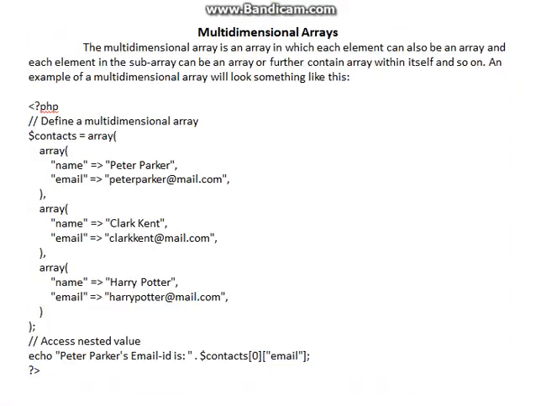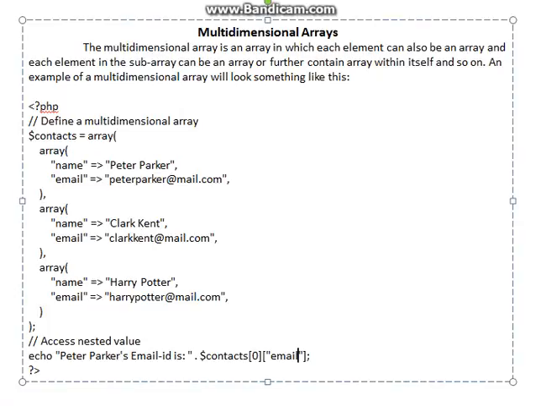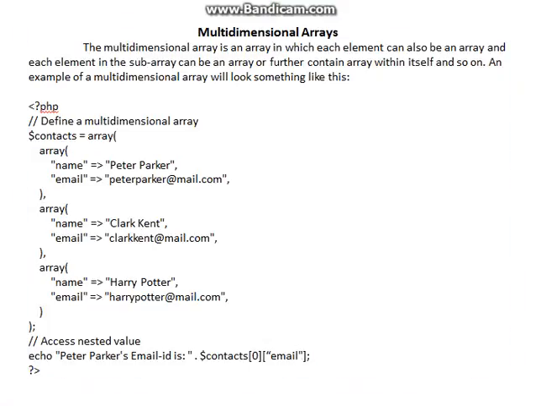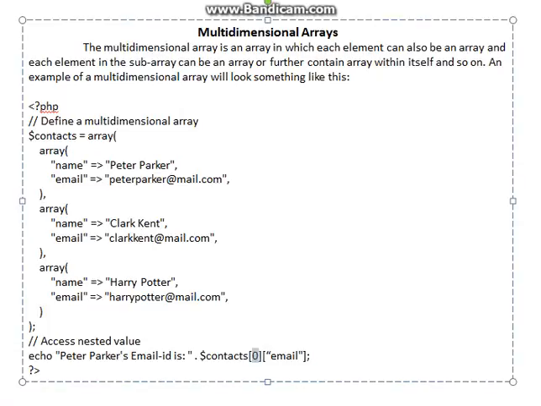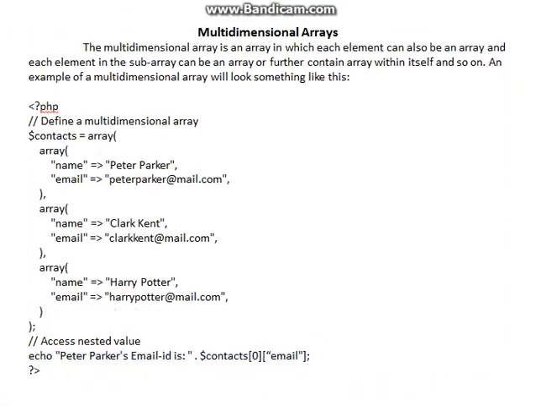For example, to access the name of the first array, we write contacts 0 of name. Similarly, we are getting the email ID of a person called Peter Parker, who is part of the first array. To access the first array, we mention the numerical subscript 0, and in that array we access the field with the key email, and we simply print its corresponding value, Peter Parker @mail.com. Thank you.